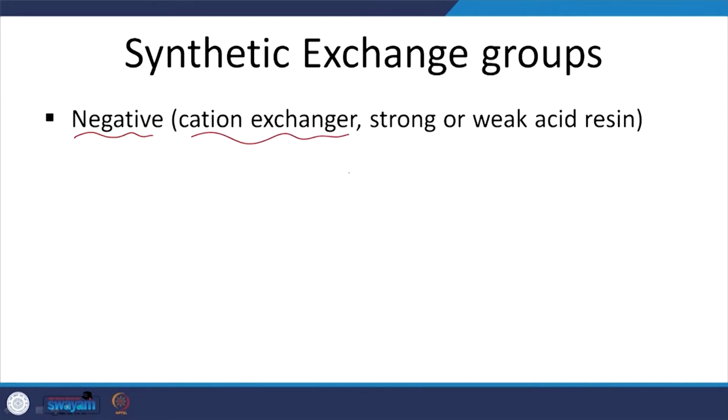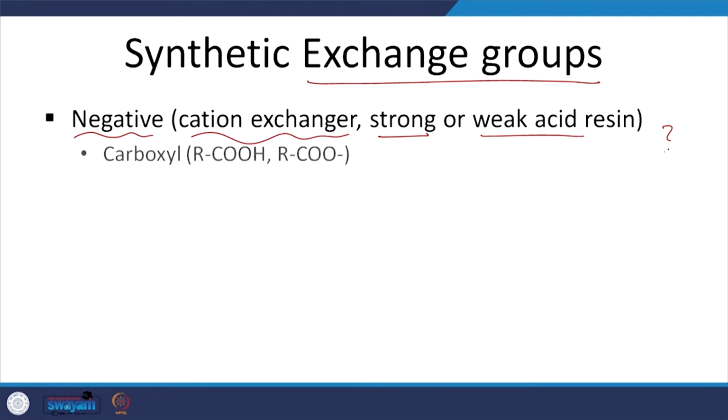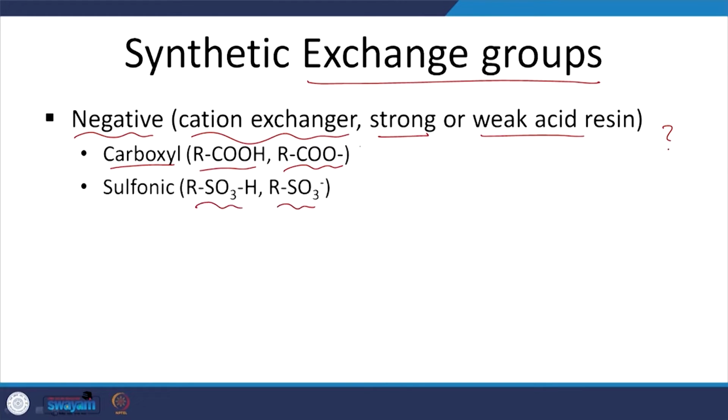Again, in the context of these exchange groups, we have a concept about strong or weak acid resin. We will look at what it is about in just a moment. Here we have, as we just looked at, carboxyl groups RCOOH, with and without the proton, and sulfonic.